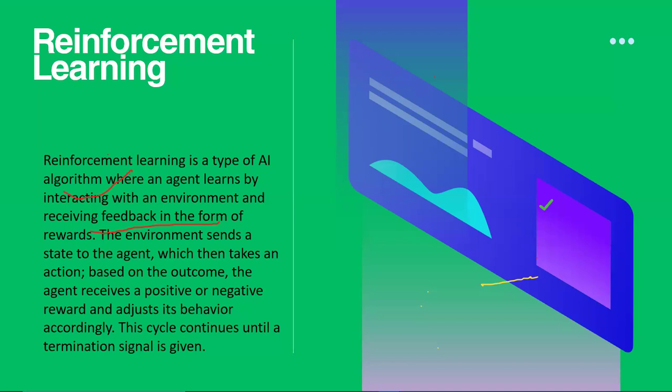Think of it like a child learning, effectively by trial and error. Think of it like trying to ride a bike. The child first picks up the bike and pushes it, and then you say, good, next we want you to climb it.